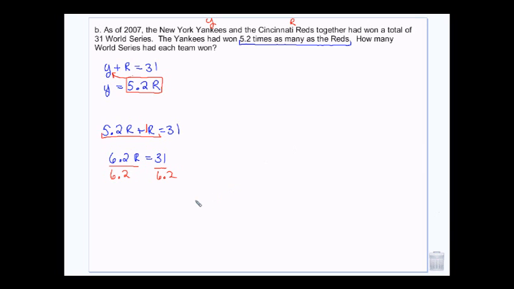Divide by 6.2 and you get 5. So the Cincinnati Reds won 5 World Series.